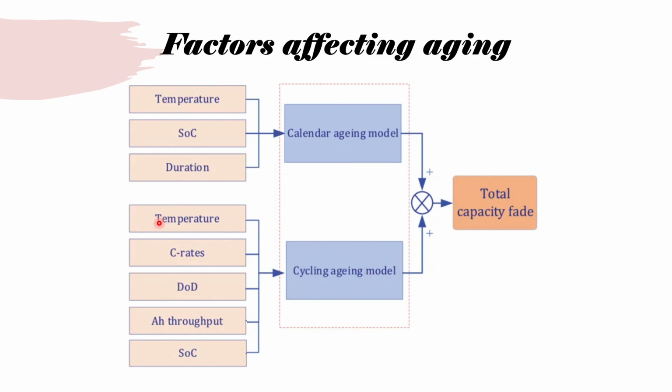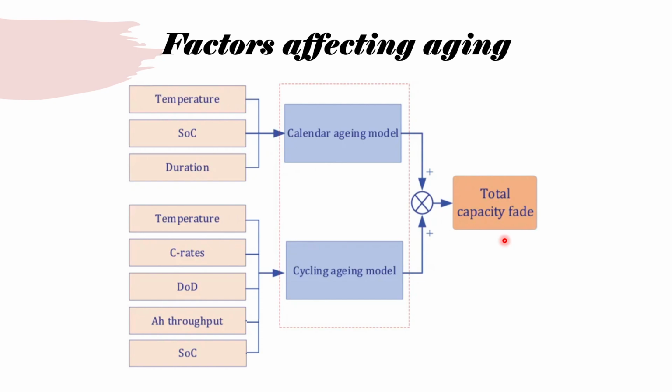Cycle aging, on the other hand, depends on temperature of cycling, C rate of cycling, depth of discharge, DOD, how deep you're discharging and charging your cell, AH throughput, and SoC. So these are the common factors which affect calendar and cycle aging. And when both of these combine together, they lead to total capacity fade, which we observe eventually as a byproduct.